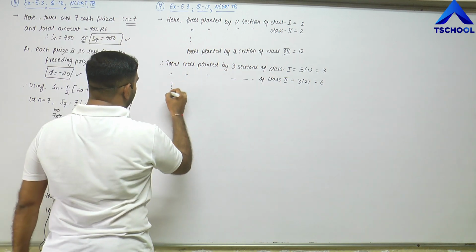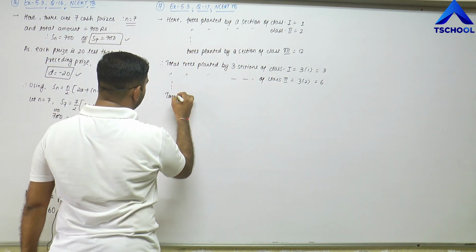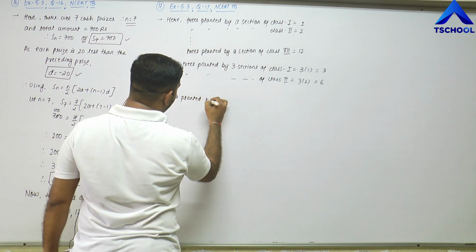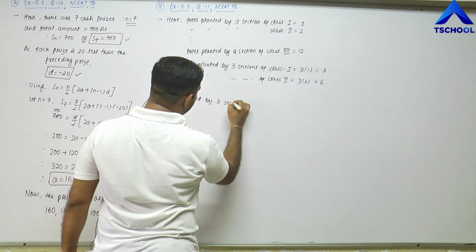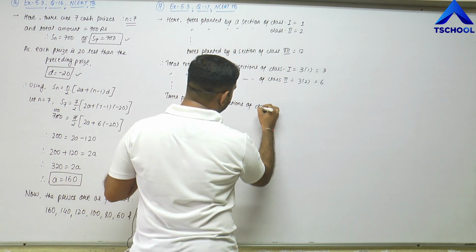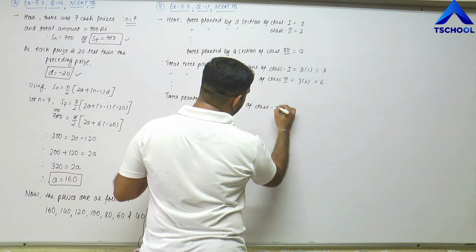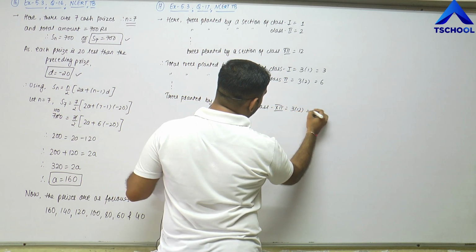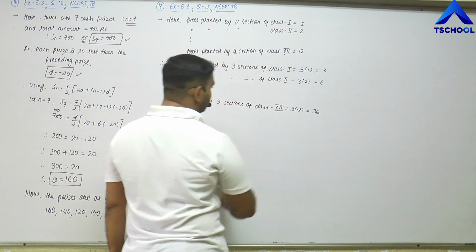Similarly, the trees planted by 3 sections of class 12 is equal to 3 into 12, which is equal to 36, right?